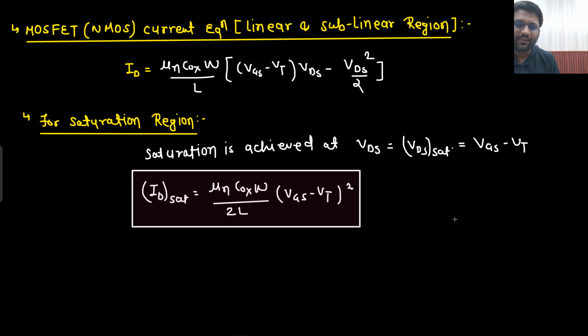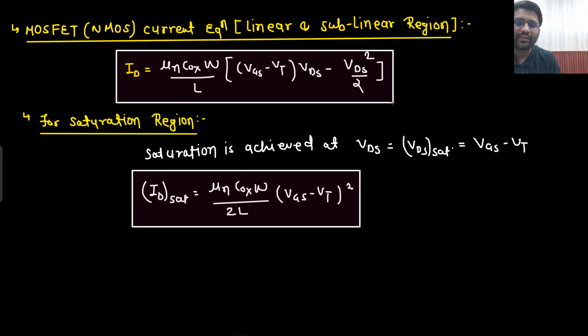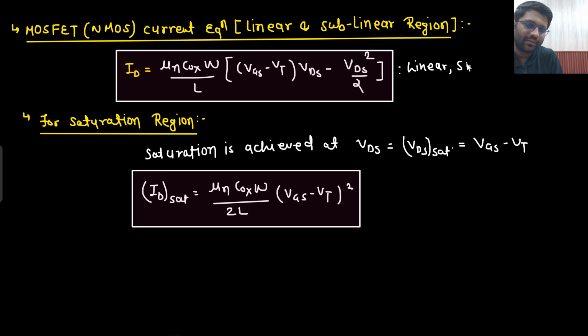So this formula should be there in your mind. This formula will go for linear and sublinear, and this formula will go for saturation. Okay. Eventually we will write down all the conclusions which should be there in your mind.